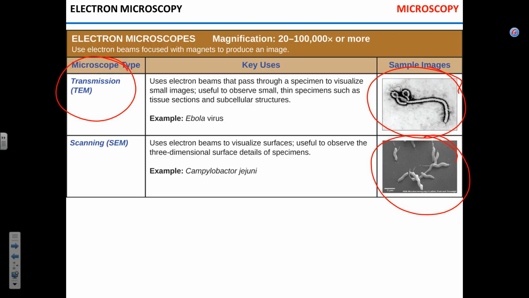Okay, we have Campylobacter here. Cool. But it produces really stunning images. And if you Google scanning electron microscopy algae, good God, you won't believe that these creatures exist on this planet. They're like out of this world.